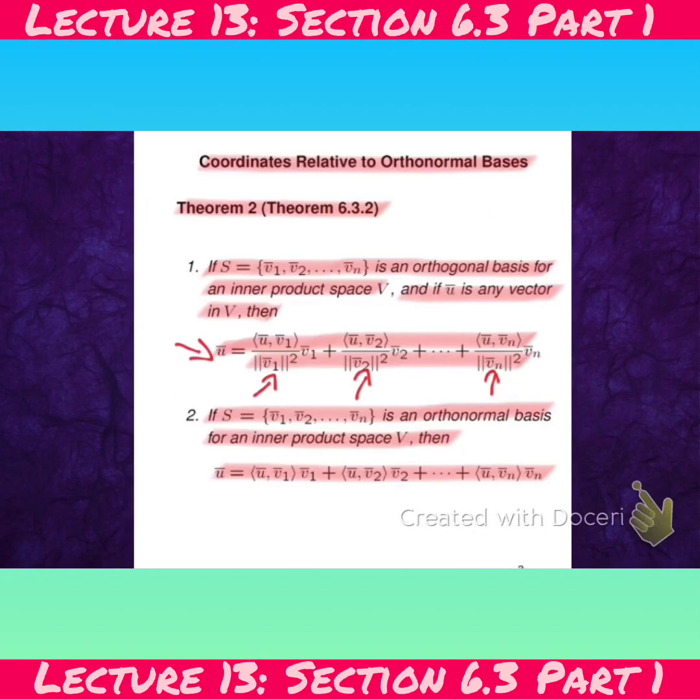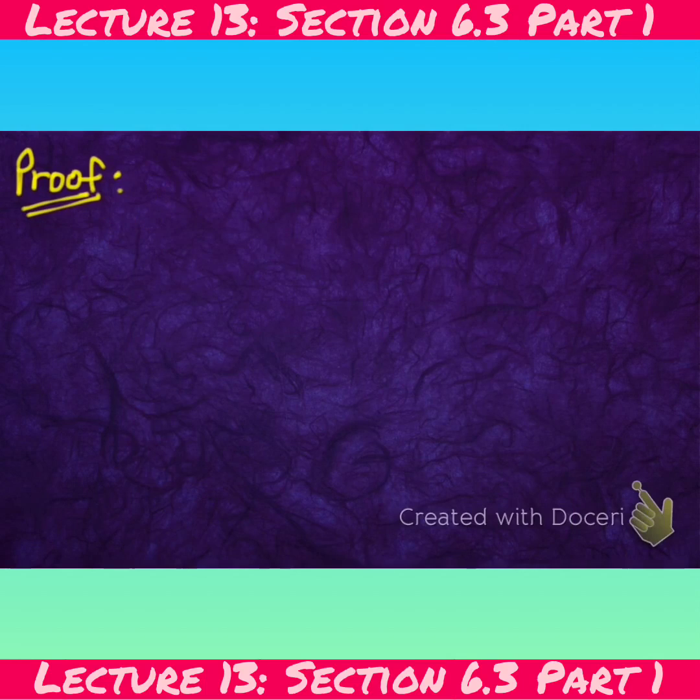Right. Okay, so let's just quickly look at why we can express the vector u in that form. Now remember, in chapter 3 we did that projection theorem, so some of that stuff is going to become relevant again now. Right, so let's look at the proof.